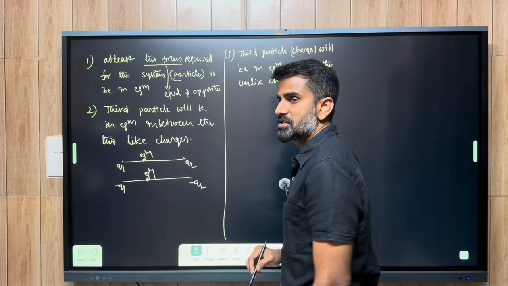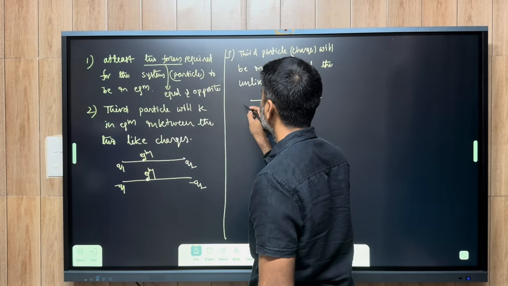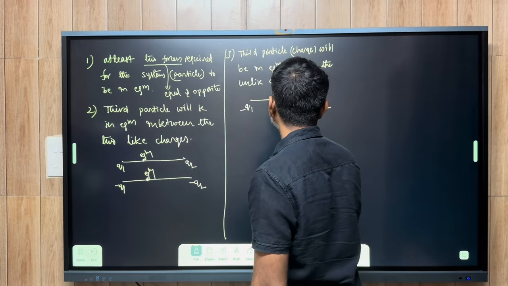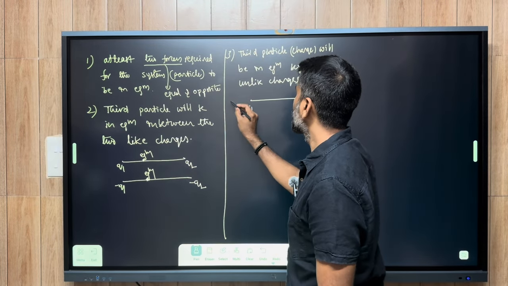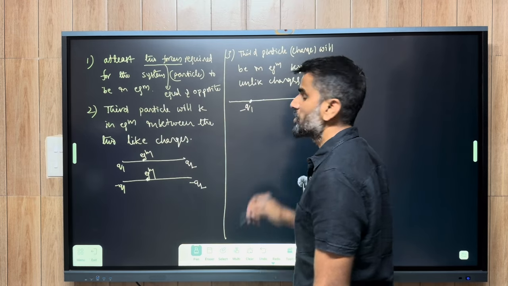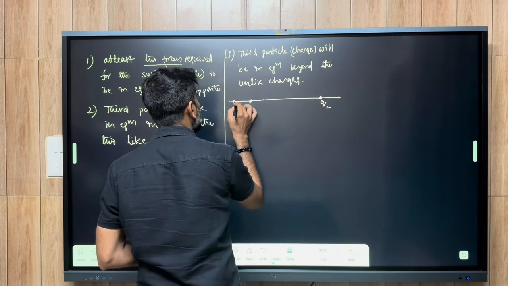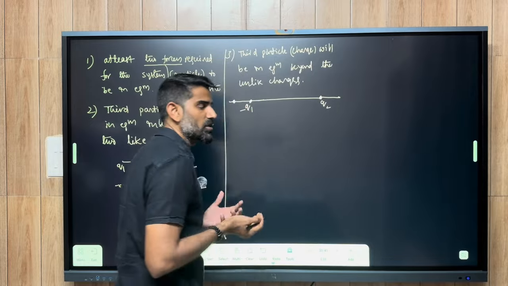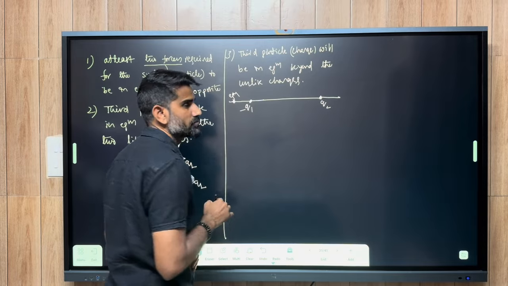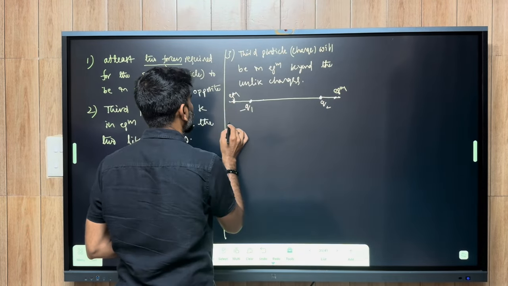That means one charge is positive, the other charge is negative. I'm drawing the diagrams for better understanding. Minus q1, q2, one is negative, another one is positive. There is no possibility for the equilibrium in between the two charges, rather it appears beyond the charges. That means it may be somewhere here or here depending on the quantity of the charge.